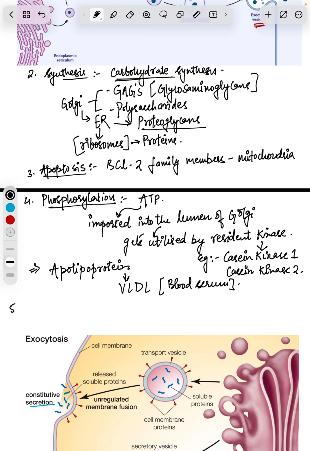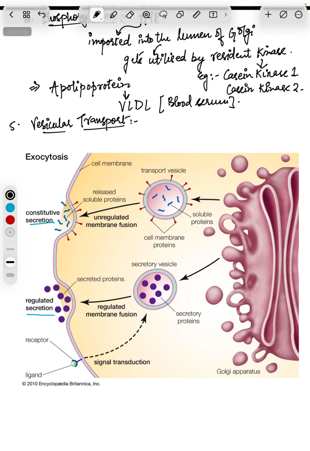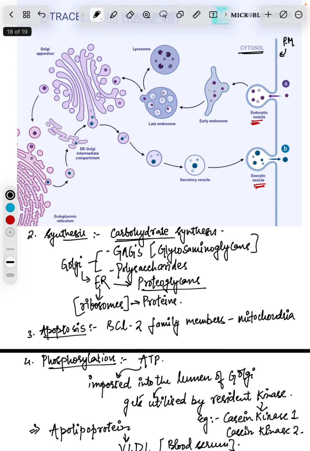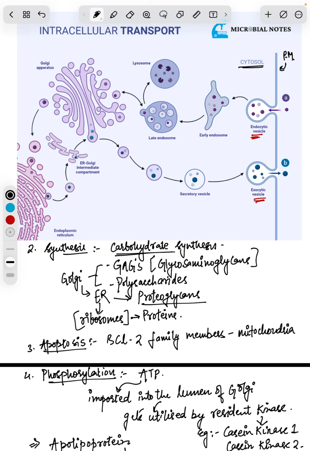Next function is the vesicular transport that Golgi plays. So basically, vesicles leaving RER. Here in this diagram you can see this is ER. So these are the vesicles that are leaving ER and get transported to the cis phase.